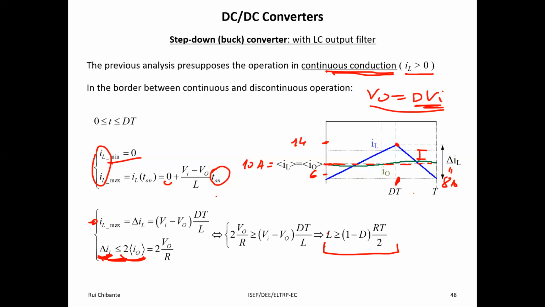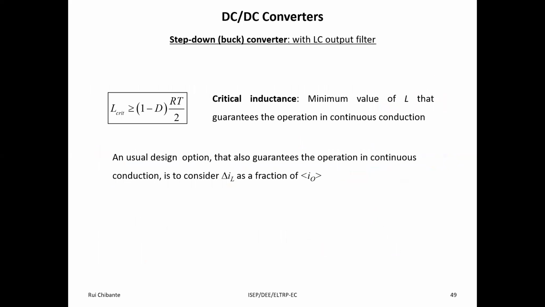So given the parameters of the converter, the load, period, so the frequency, the duty cycle, from these values that I know, I can design or choose a value for the inductor. This is one way. The second way, and the value of the inductor that comes from this equation, we call the critical inductance, because it is the minimum value that assures that we are in continuous conduction.